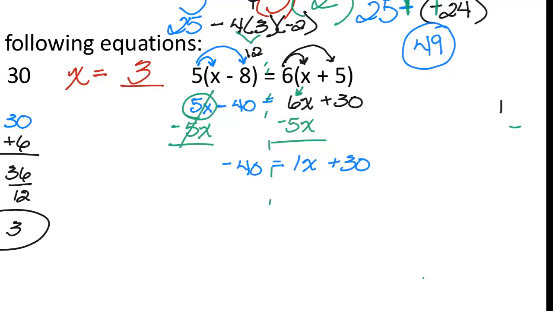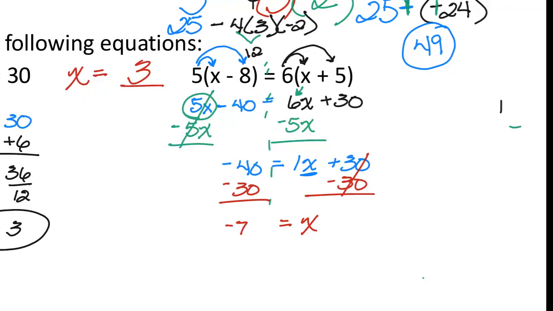I need to get x by itself. So what else do I have to move? How do I move it? Subtract. Did she really just say move it, move it? Yes, she did. So here I have x is equal to negative 40 minus 30.